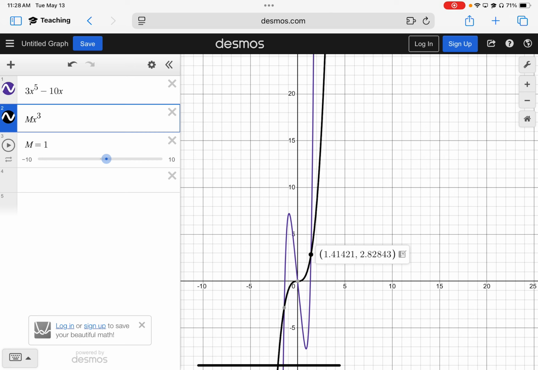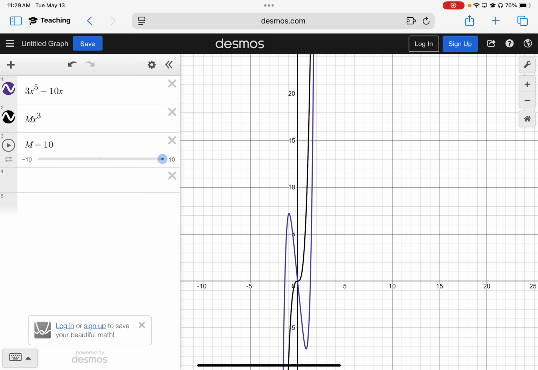Neato. So let's attempt to make some rough work showing that 3x to the 5 minus 10x actually is in big O of x cubed. That would involve setting m so that, I'm getting my inequalities mixed up, the purple line is eventually below the black line.